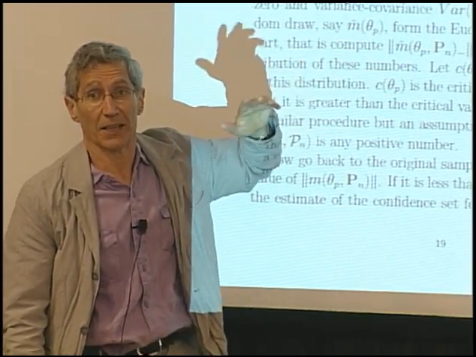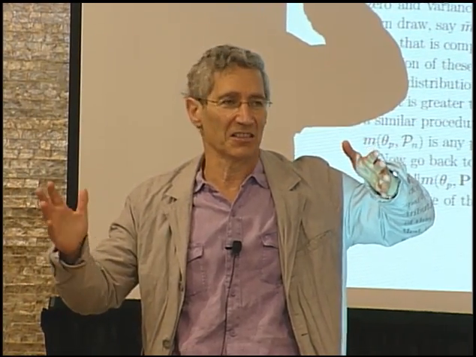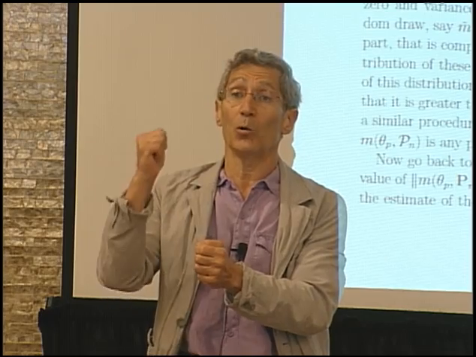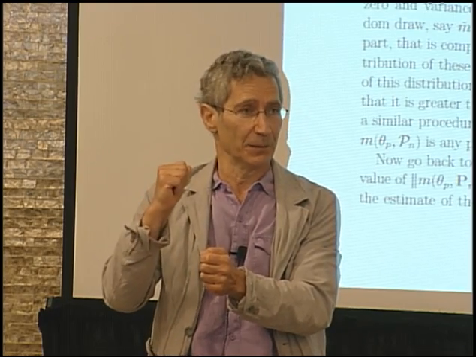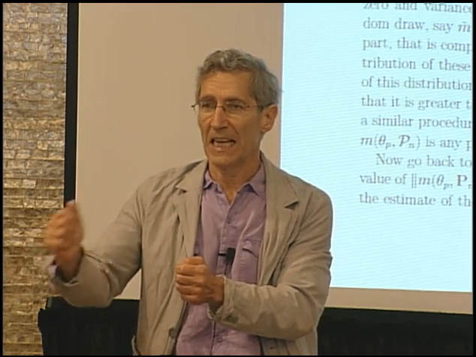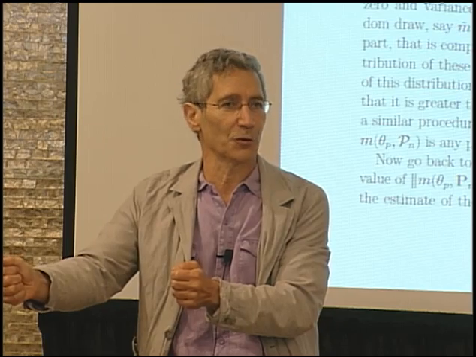Then I'm going to find out the critical value of that statistic: 95% of the time, that statistic is less than something. Then I'm going to go back to the data and ask, what was the value in the data at theta p? Is it greater than that critical value? If it's greater than that critical value, it's not within sampling error of 0 if the true mean was 0.